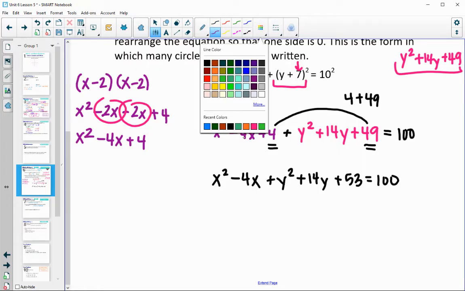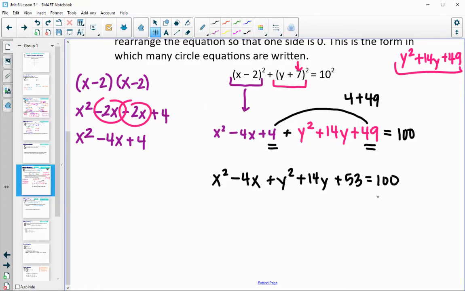And now we want to get this 100 off of this side. So what I'm going to do is subtract 100, because 100 minus 100 is 0. And if I do it to one side of the equation, I have to do it to both. And when you're adding and subtracting, you just combine like terms. So when we're subtracting the 100, we're going to combine it with this 53.